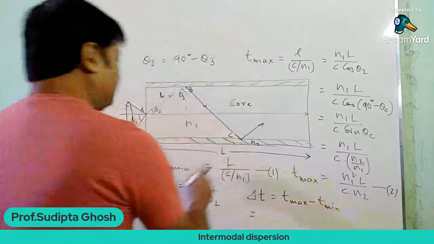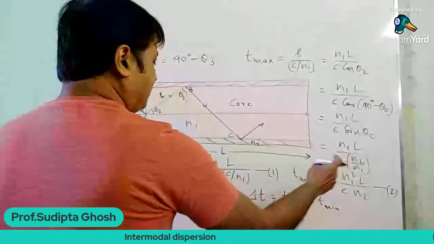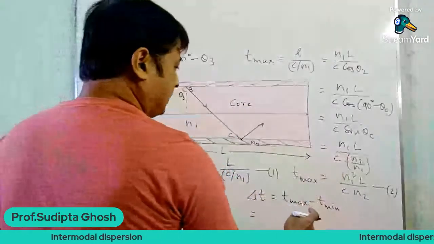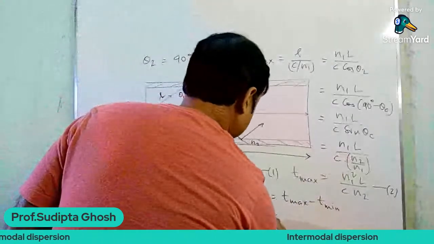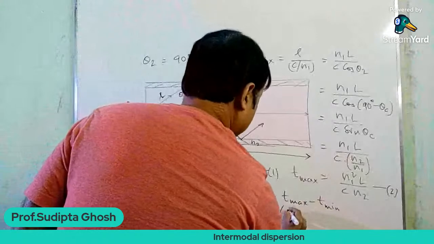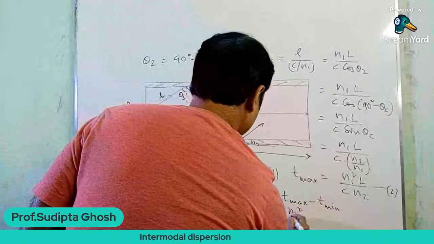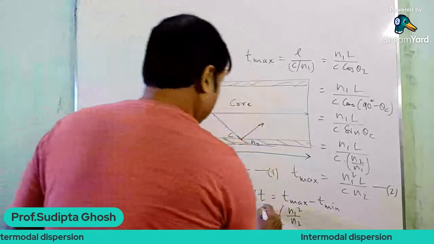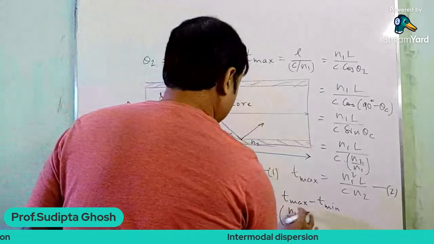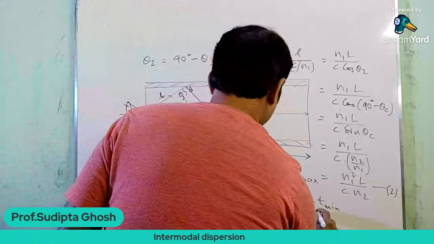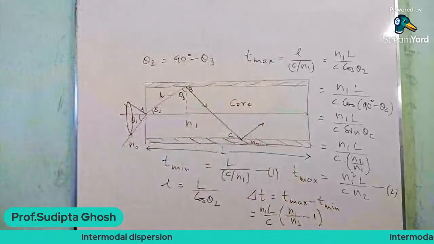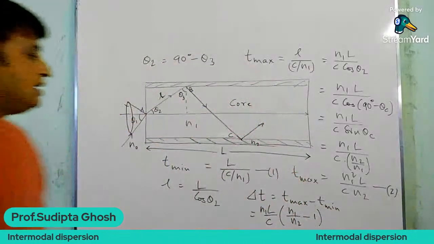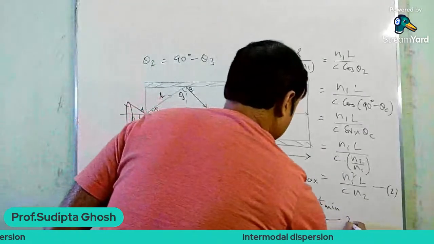Putting in the value of T max and taking L by c common, we get n1 square by n2, or rather n1 L by c common, so it will be n1 by n2 minus 1. Let it be equation number 3.